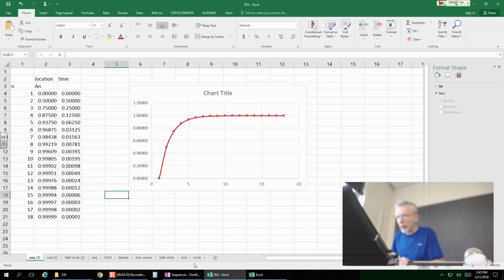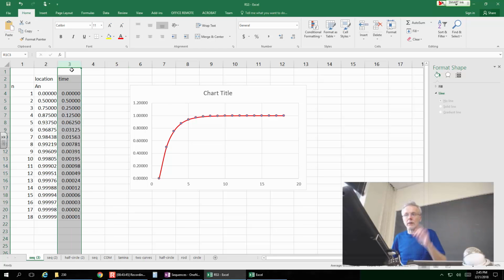That's just an example of a sequence. I promise to demonstrate later that the numbers in this column, these time intervals, will add up to a number, not infinity. We'll see that later in the course.